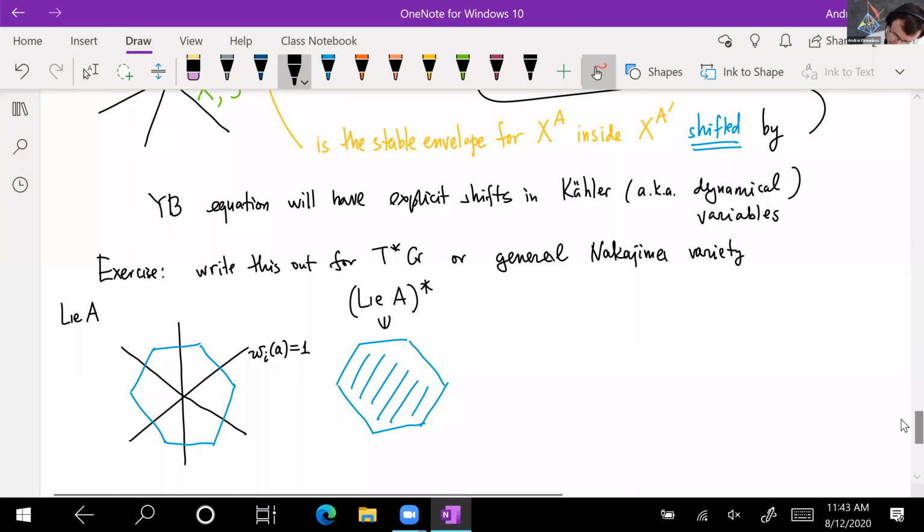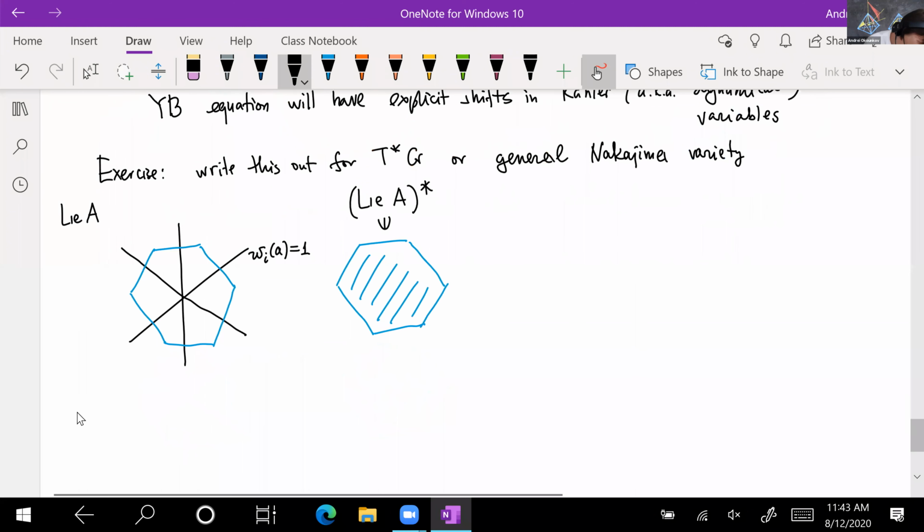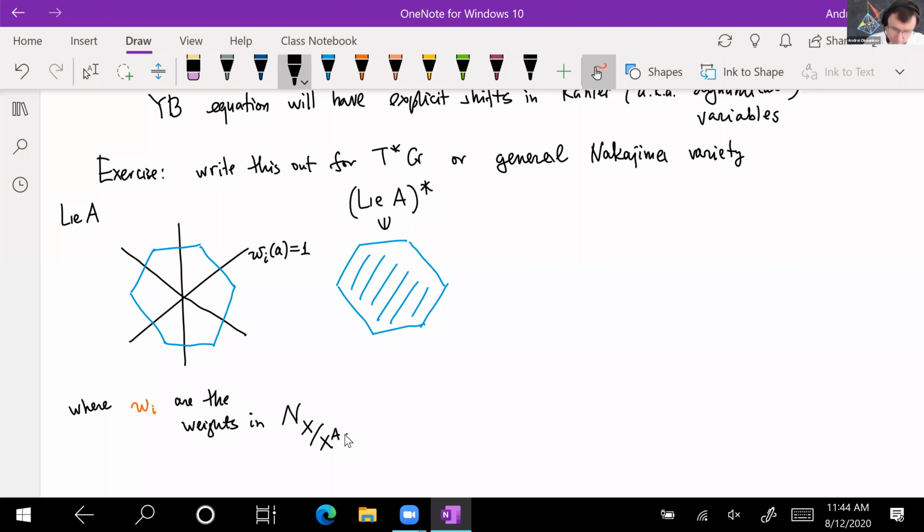So these are the weights, where these W's are the weights in the normal bundle to the fixed locus, right?